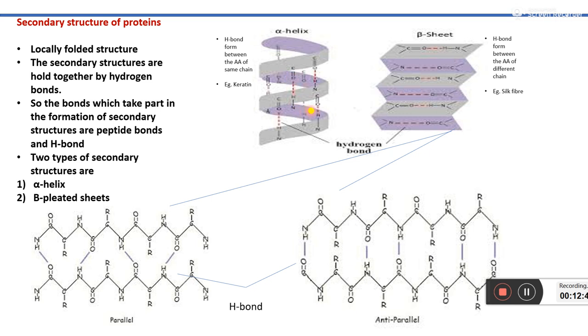So the bonds involved in the formation of the secondary structure of proteins are, first, the peptide bond and second, the hydrogen bond.